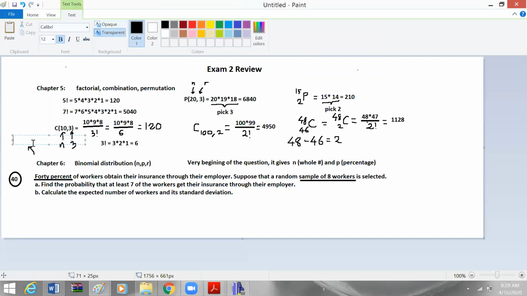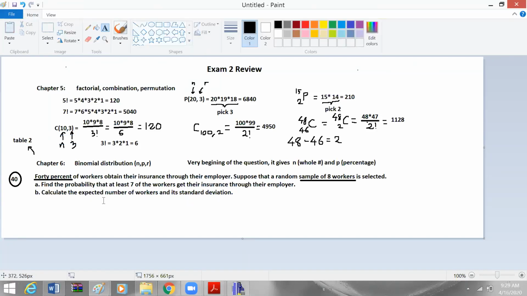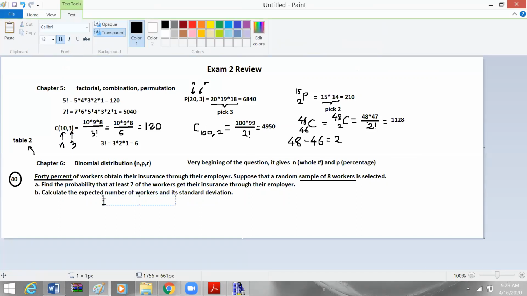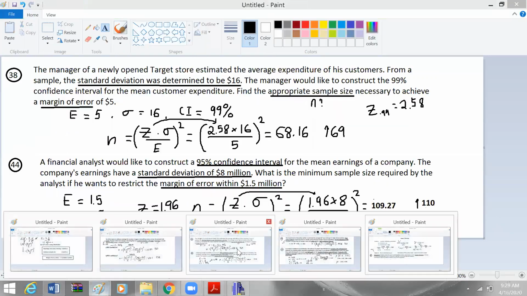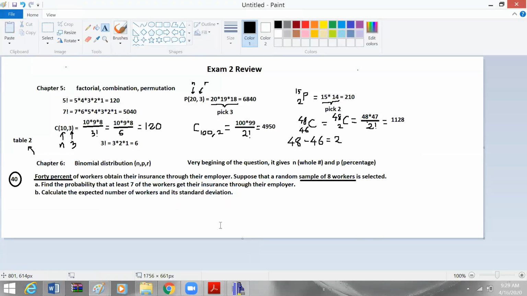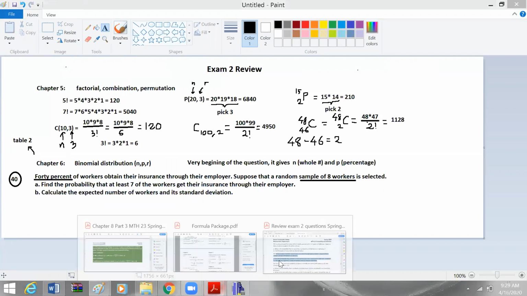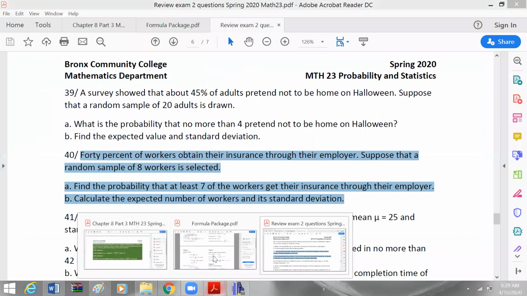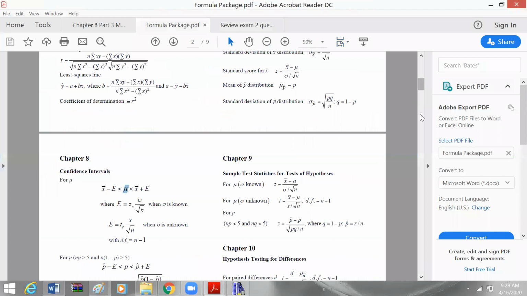Again, we need to identify N, P, and R in this case, and then we put them down. Remember, N and P will be given for this question. So now we're going to use the table, the chart, and the chart we're going to look for is table 2.